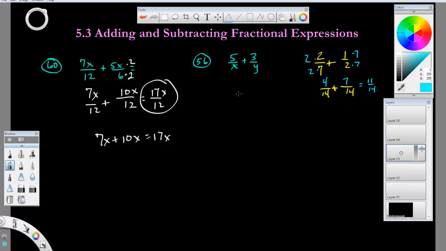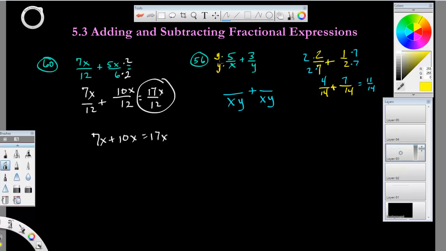On this, I want my bottoms to be xy. Just like I did 7 times 2 is 14, well, this time x times y is xy. Now here's what happens. To get xy, I've got to multiply this by y on the bottom. And if I do that, this concept of 1 that I've been talking about all week, y over y is still 1.